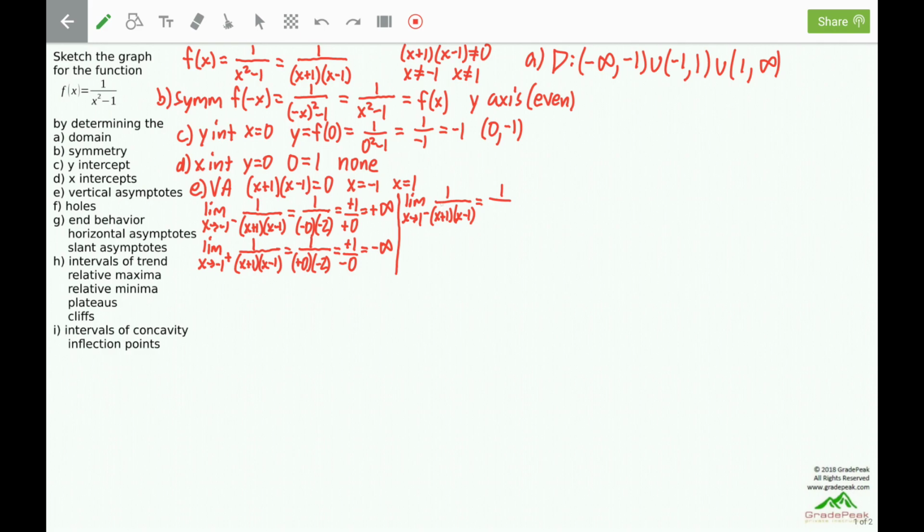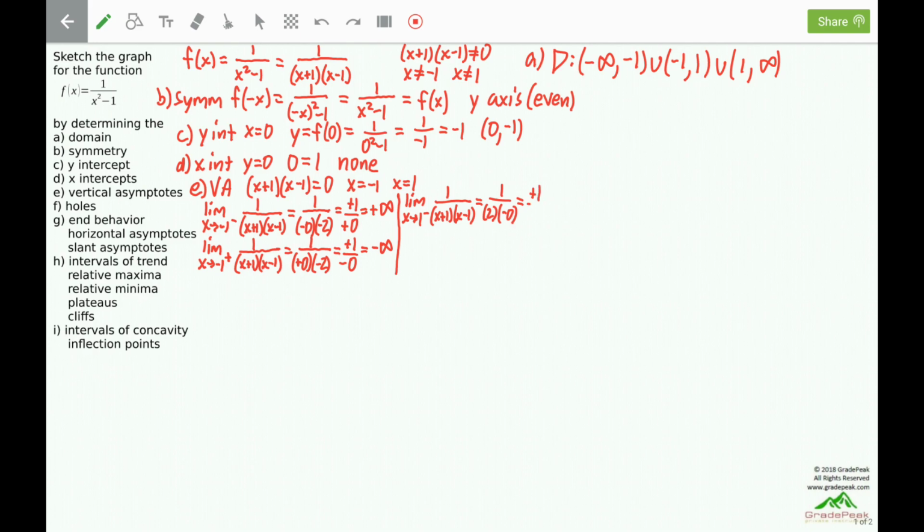In the denominator, plugging a 1 in for the first factor, 1 plus 1 is a 2. Plugging a 1 in for the second factor, 1 minus 1 is a 0. However, we're approaching 1 from the left side here, which means we're less positive than 1. Subtracting a 1 will be a negative number. It will approach 0, but it will be a negative number, so it'll be a negative 0.